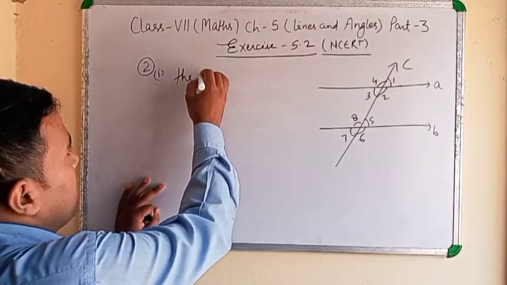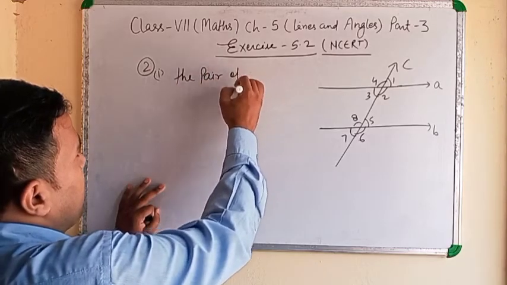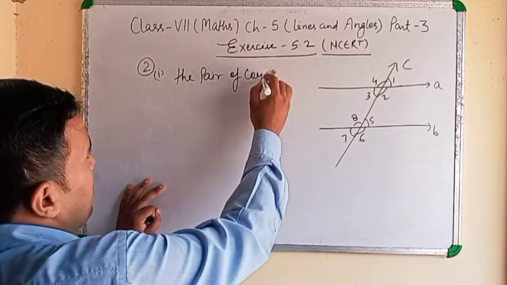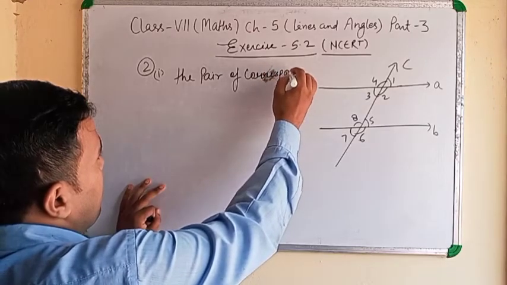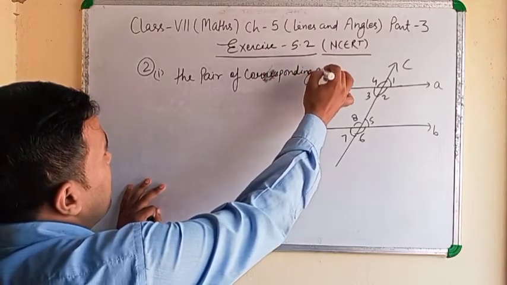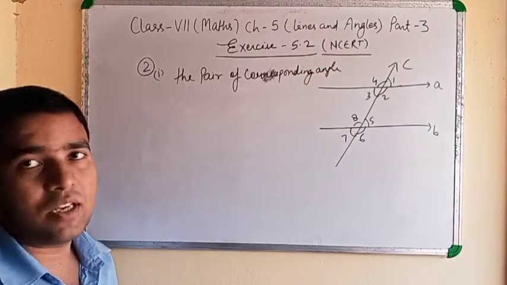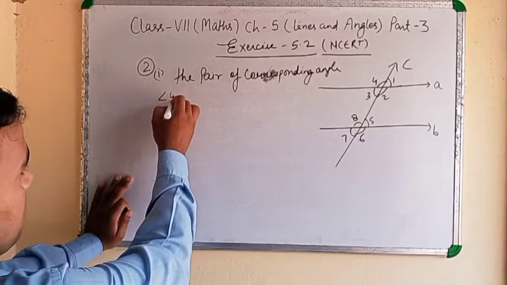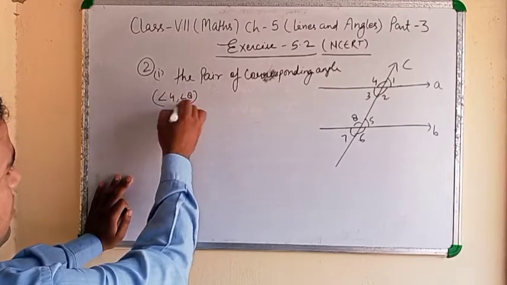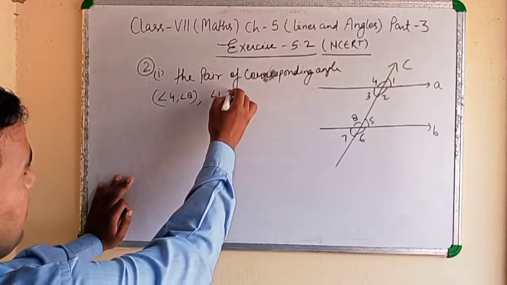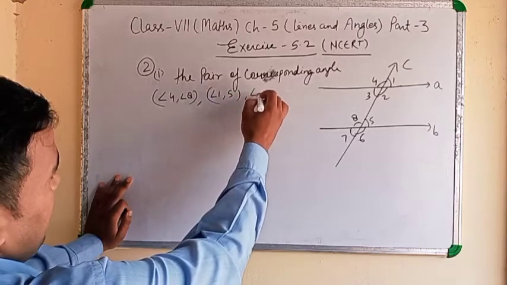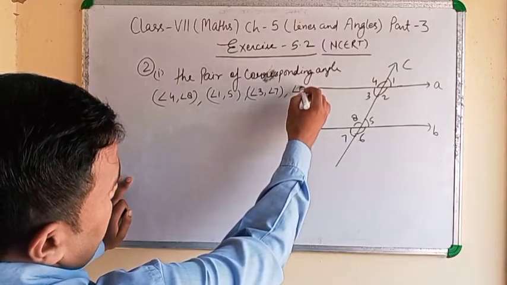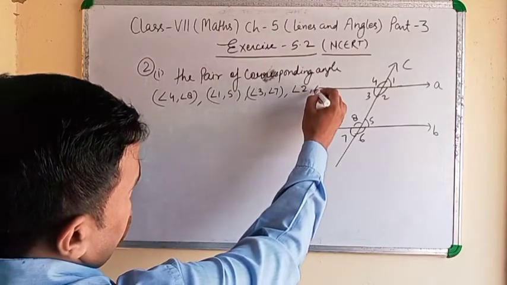The pairs of corresponding angles are angle 4 and angle 8, angle 1 and angle 5, angle 3 and angle 7, angle 2 and angle 6.